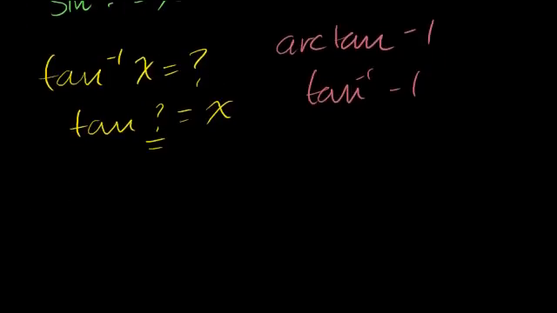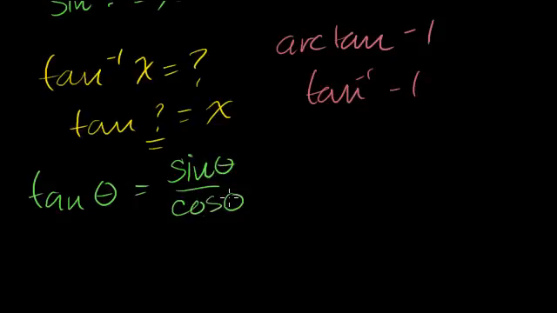And actually, let me just do a refresher of what tangent is even asking us. The tangent of theta, this is just the straight up vanilla non-inverse function tangent, is equal to the sine of theta over the cosine of theta. And the sine of theta is the y value on the unit circle.